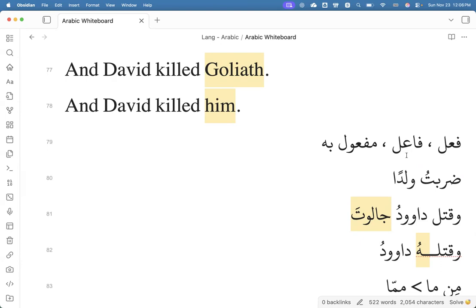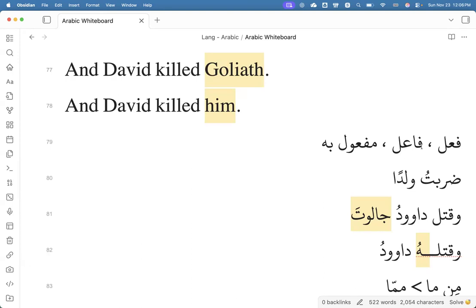He is hidden. But if I want to say Hamid went, I will say ذهب حامد. Hamid went. So I can fill in the blank of the hidden fa'il.